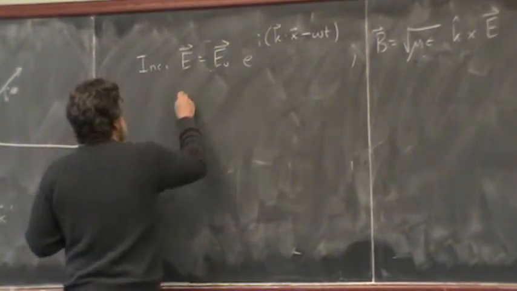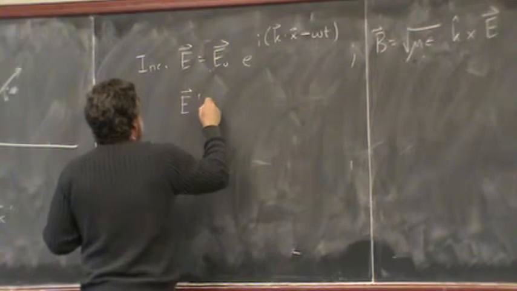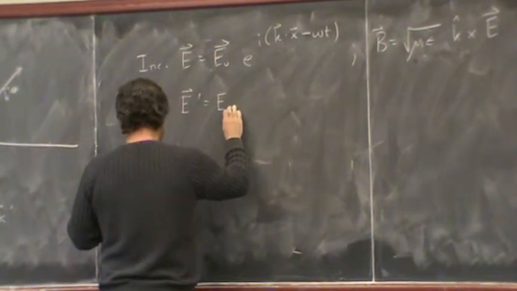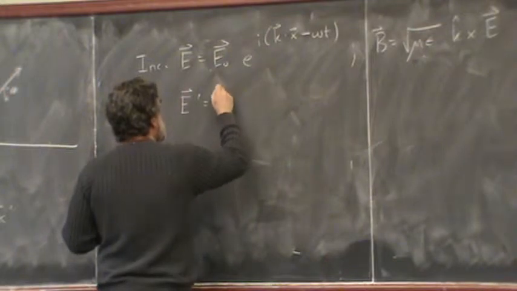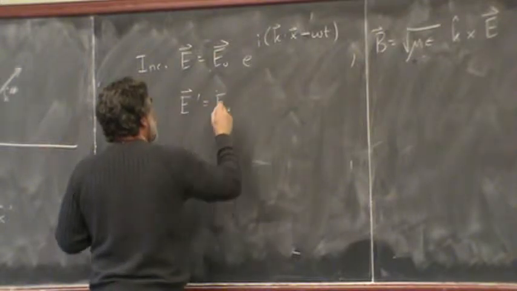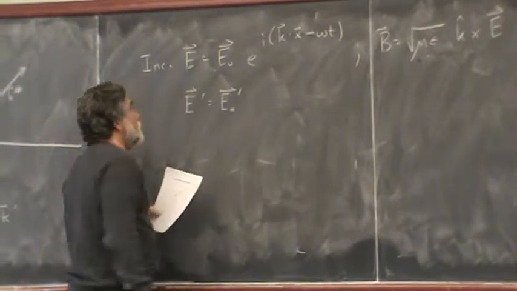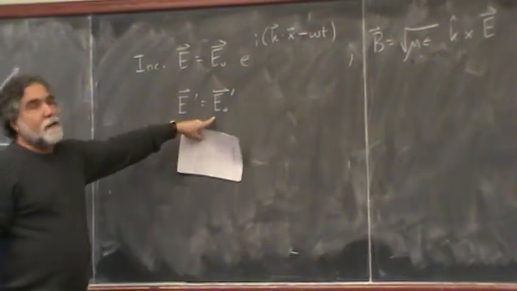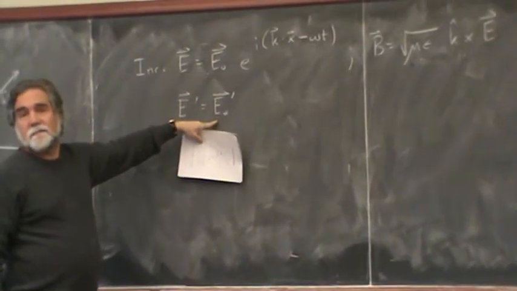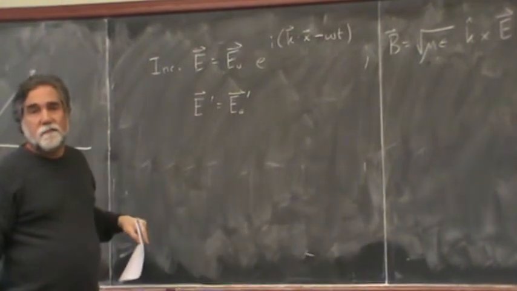And then the transmitted field, E prime. I have to be careful. Oh, yeah, I'll write this like this. All right. This doesn't necessarily point in the same direction as that one does. In fact, it doesn't.